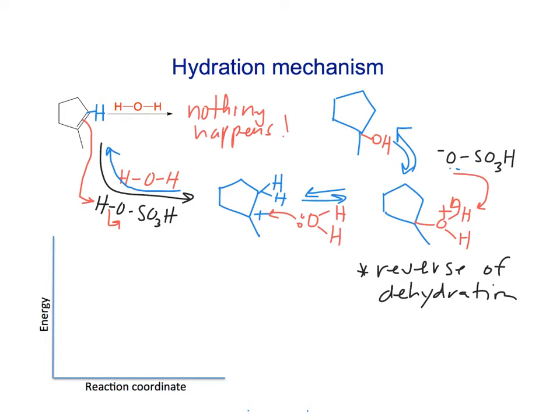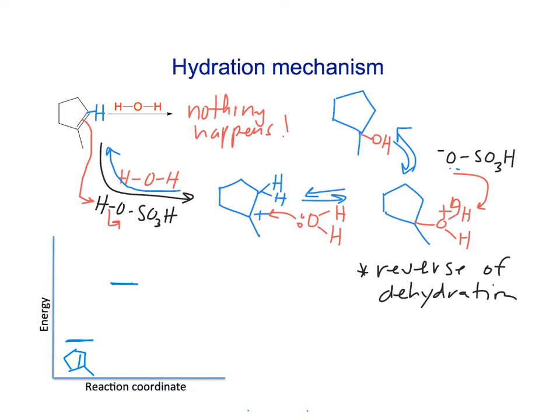Let's think about what the reaction energy diagram would look like. So again, we're going to have a starting point. This is our alkene. We're going to generate a carbocation intermediate, which is going to be higher in energy.